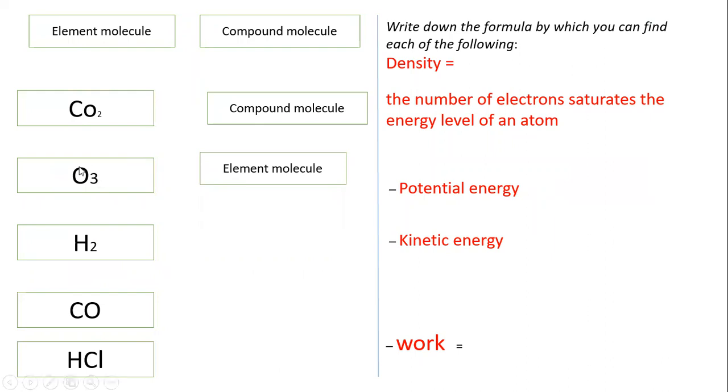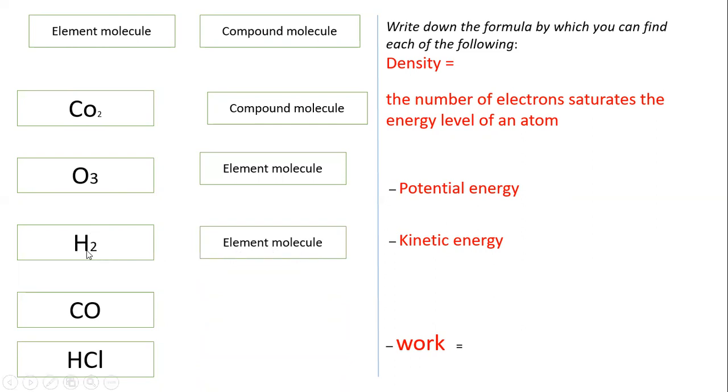Because it consists of the same type of atoms. It has 3 oxygen, all of them oxygen. You see here, only oxygen, but here I have carbon and oxygen, different. But here all of them oxygen. So H2, yes, element molecule, excellent.